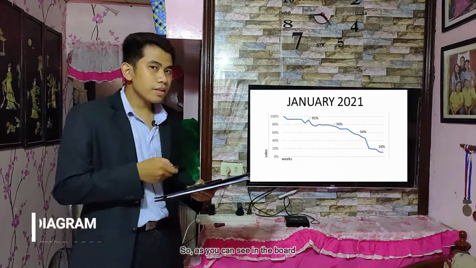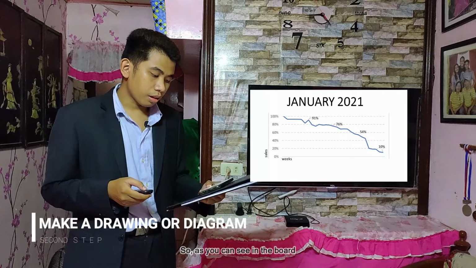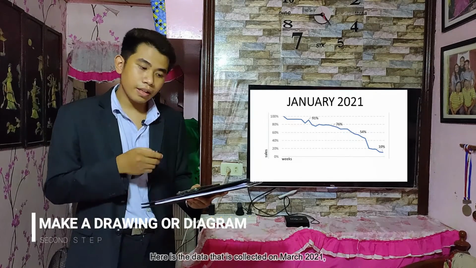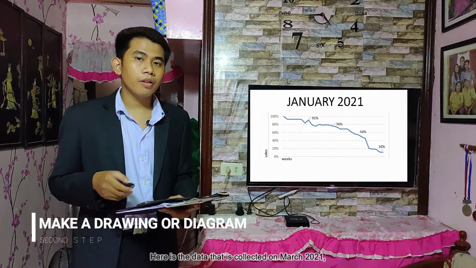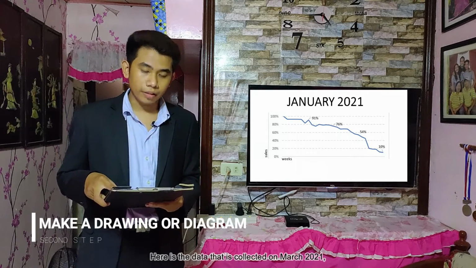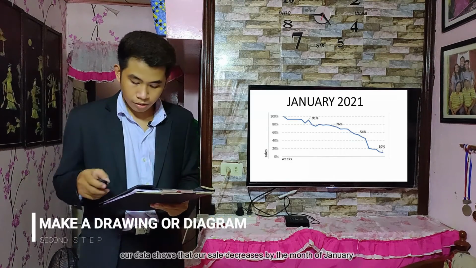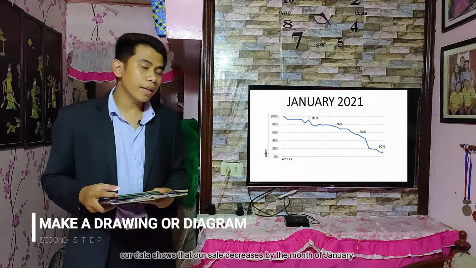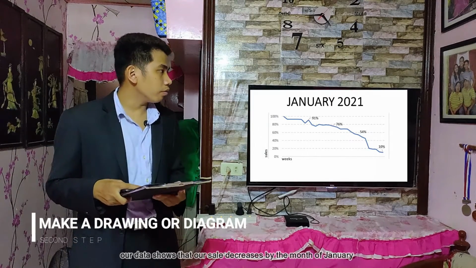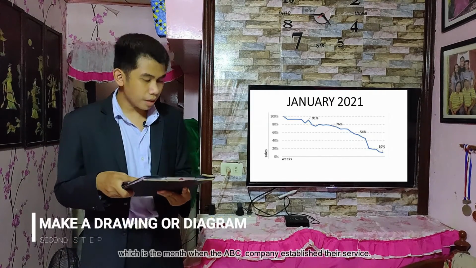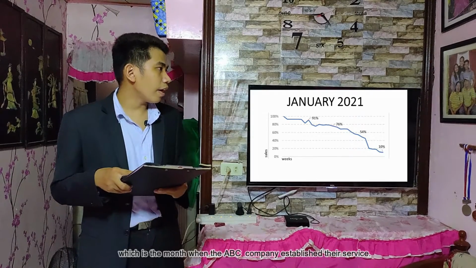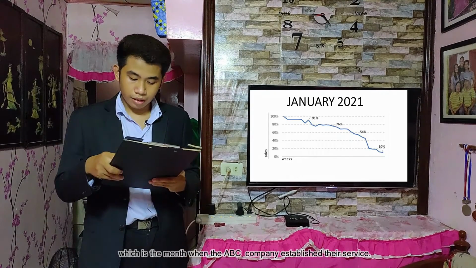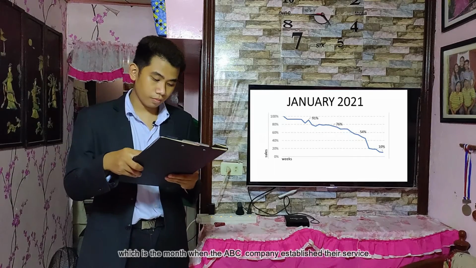As you can see here is the data that was collected in March 2021. Our data shows that our sales decreased by the month of January, which is the month when the ABC company established their service.